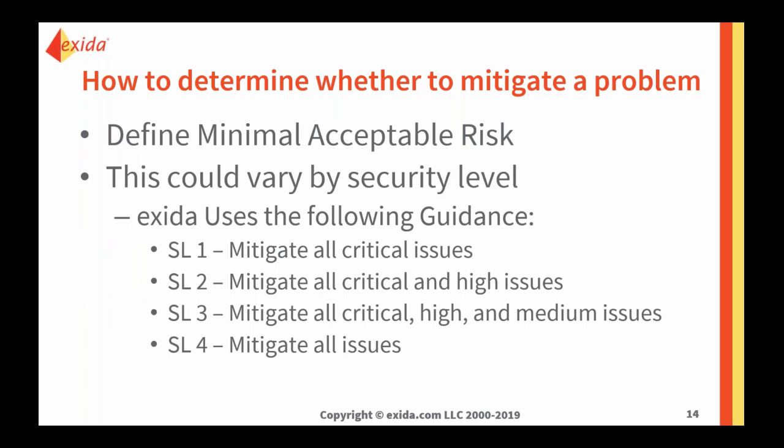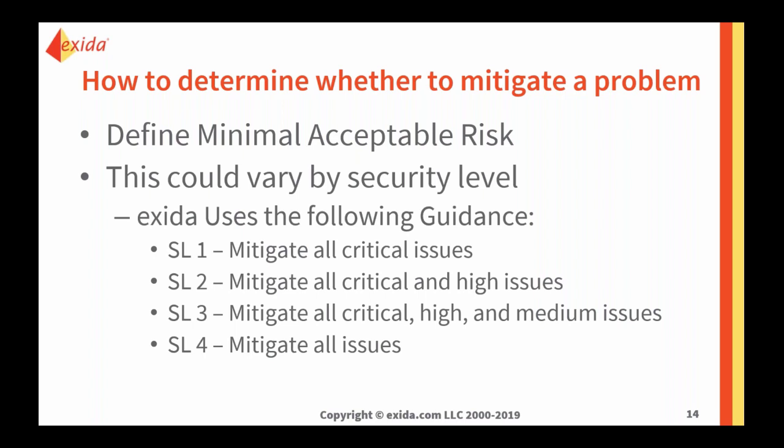The reason I bring up these security levels is that they can often be used to determine the minimum acceptable risk. If you feel like your system is only designed to protect against security level 1 type issues, then you can just mitigate the highest issues, the most critical issues. But if you're targeting security level 2, then you should also mitigate critical issues.